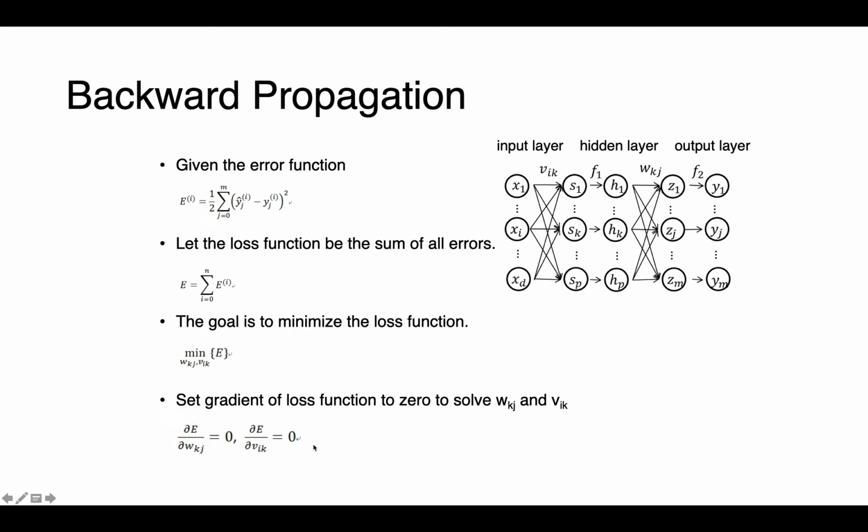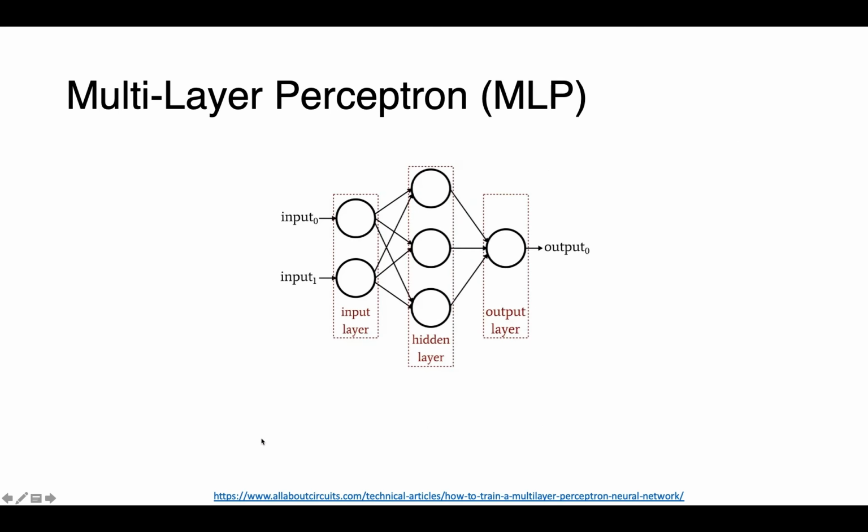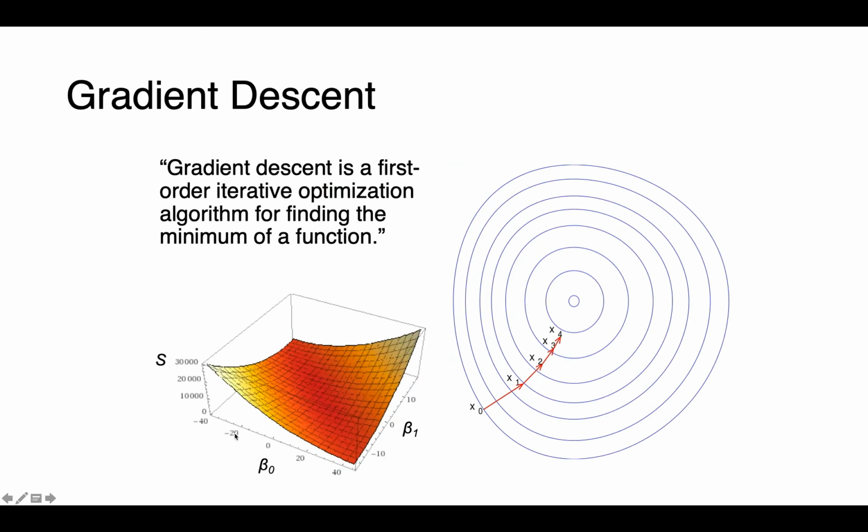And the way we do it using gradient descent is to find the partial derivative of your error against your parameter. Why we have this is because in the parameter space here, assuming we have just two parameters, beta naught and beta 1, and S is the value of the loss function.